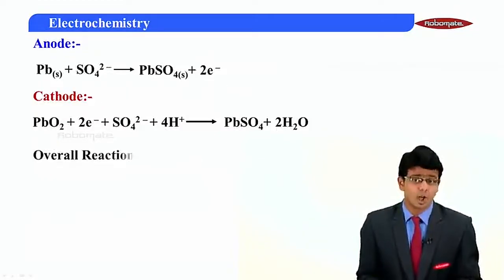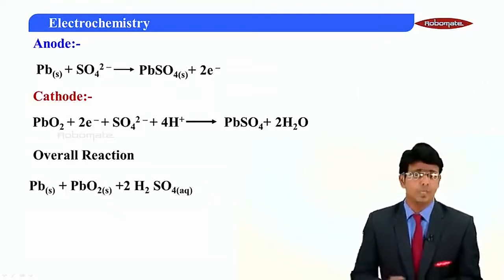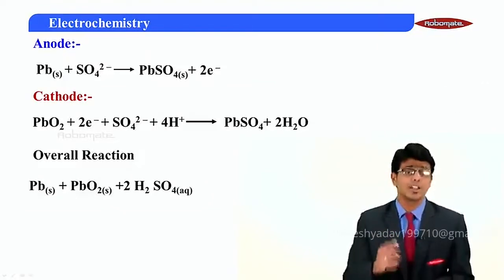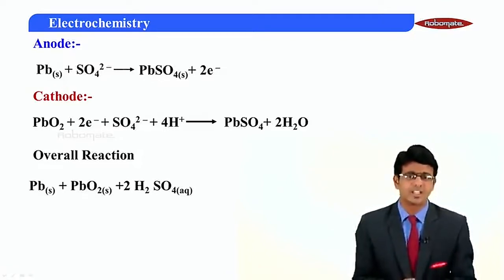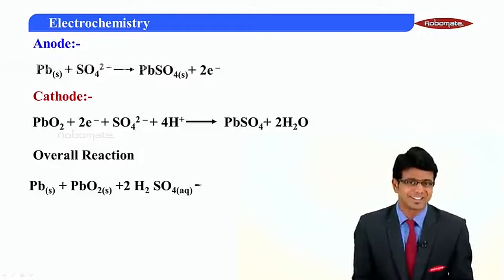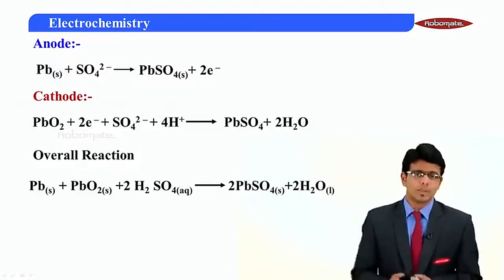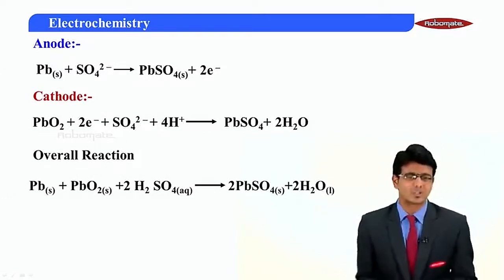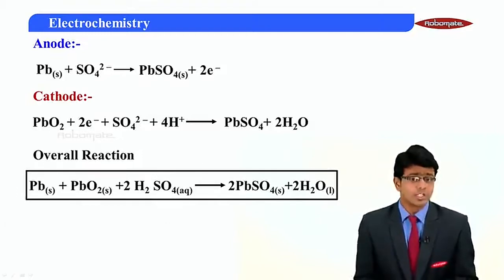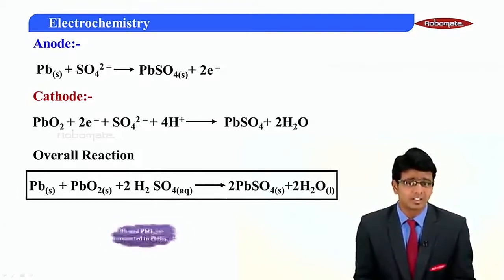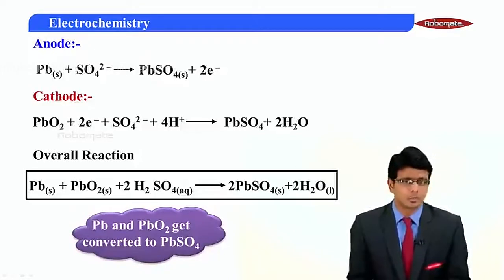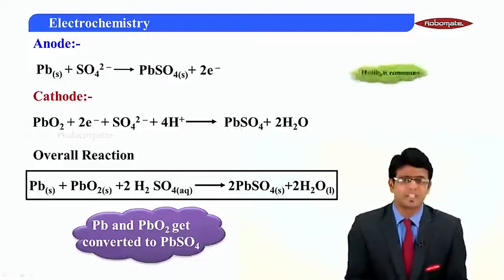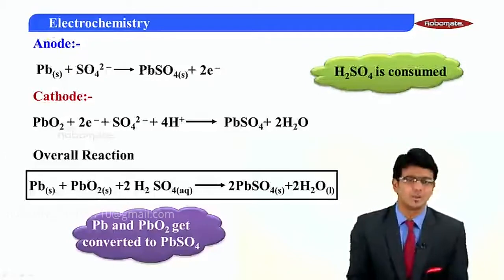If we add these two half reactions, we get the overall cell reaction: Pb plus PbO2 plus 2 H2SO4, which is a combination of 4 H+ ions and 2 sulfate ions, giving rise to 2 PbSO4 plus 2 H2O. Now students, if you have a close look here, Pb and PbO2 are getting converted into PbSO4, and at the same time H2SO4 is getting consumed.